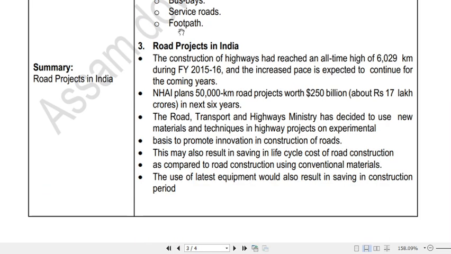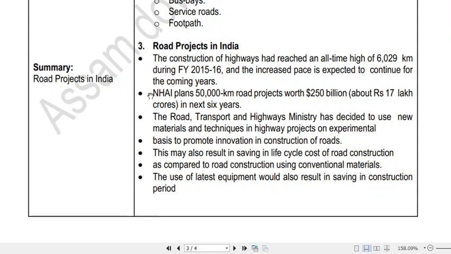Then coming to the next portion, road projects in India. Now the construction of highways had reached an all-time high of nearly 6,029 kilometers during fiscal year 2015 to 16, and the increased pace is expected to continue in the coming years.